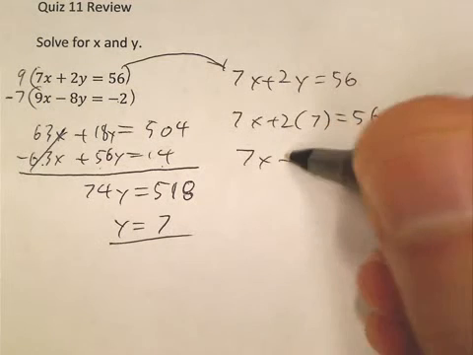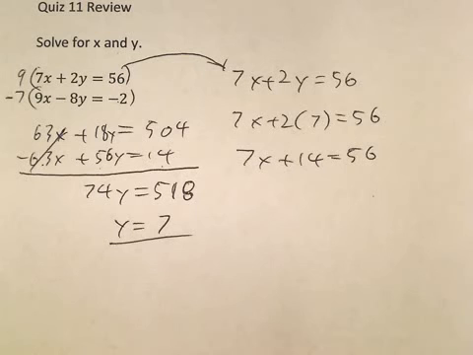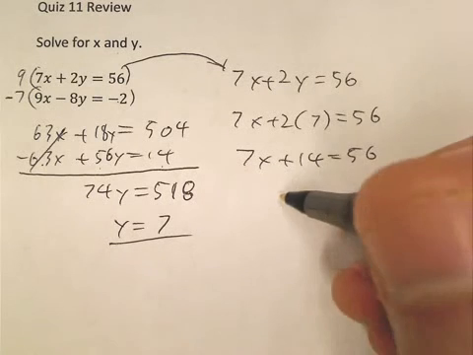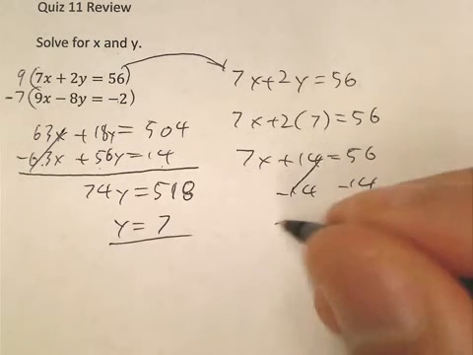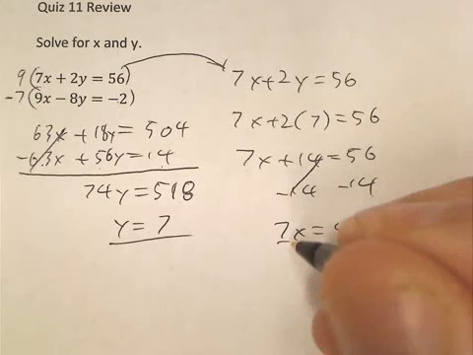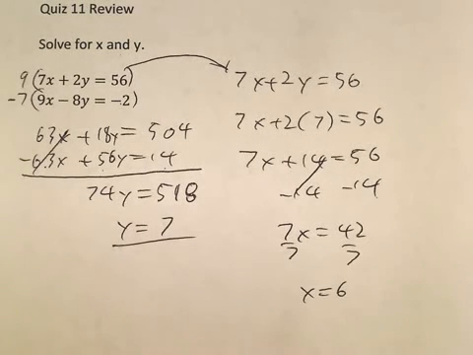All right, so 7x plus 14 equals 56. Let's minus that 14. 56 minus 14 is 42. You then divide by 7, and that looks good as well. X is going to come out to 6. Okay? So those are your steps there.